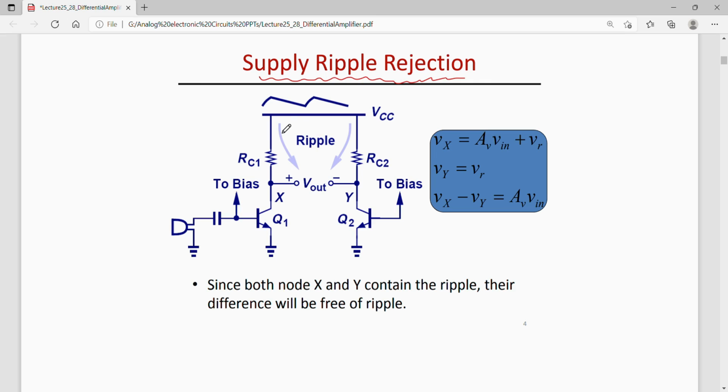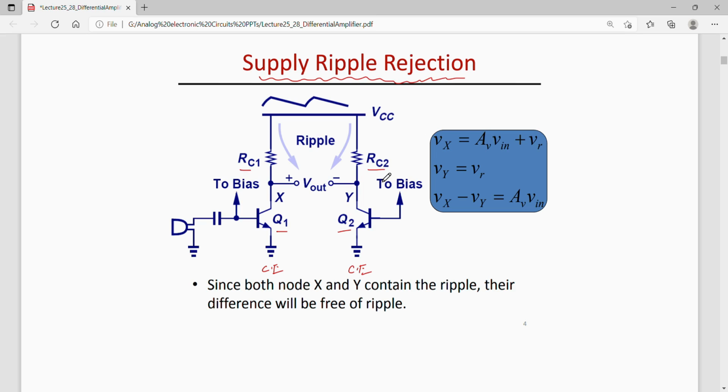This circuit contains two common emitter stages, right? We have a common emitter stage here and here also. Let us assume that both these transistors are identical, Q1 and Q2 are identical, and RC1 and RC2 are both the same, equal.